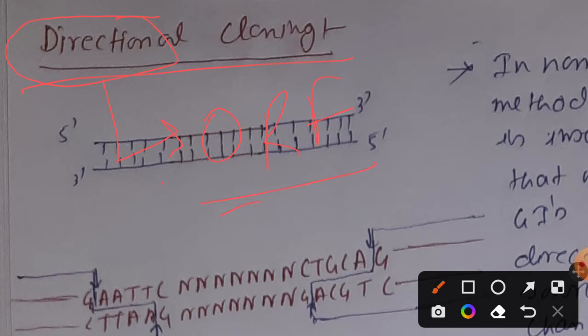That means the direction it has in the natural source will be maintained in our vector too. That is the need for directional cloning, and its job, as I have mentioned, is to insert your gene of interest without altering the direction of the ORF.